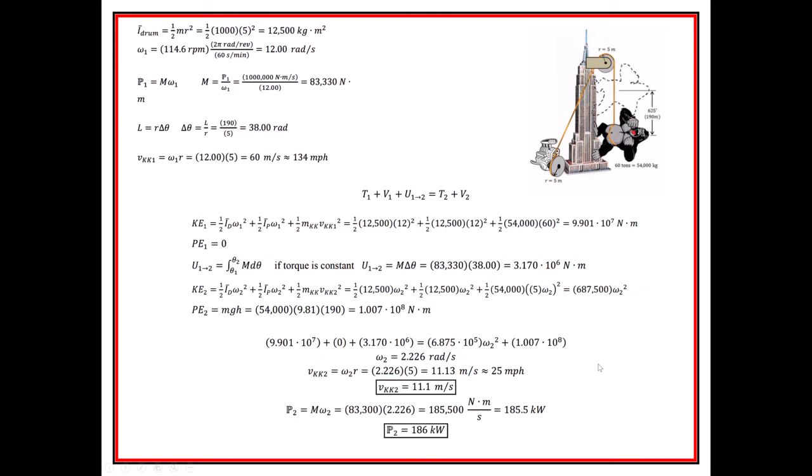It was a silly problem. I wanted to have something where we combine this work energy along with the power. We want to make sure that we're thinking of power. Power is the time rate change of work. In this case, we've decided to keep that relationship going by making the torque constant.